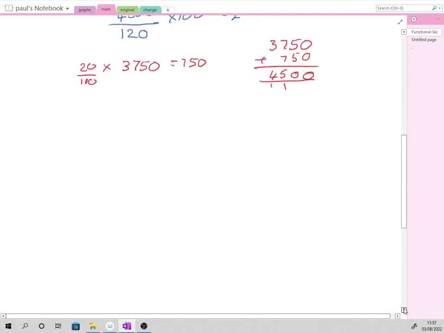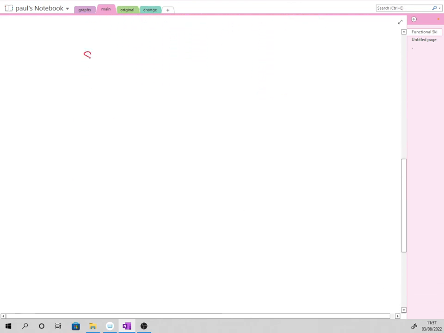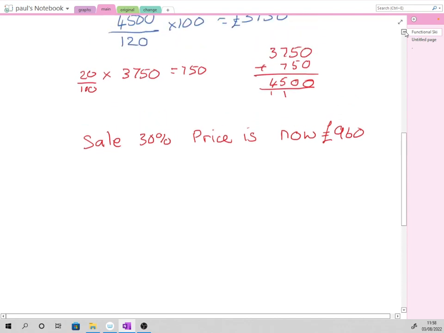Now, what happens if there's a decrease? So we've got in the shops a sale of 30%, and the price is now £960. Now this time, let's go up to here.